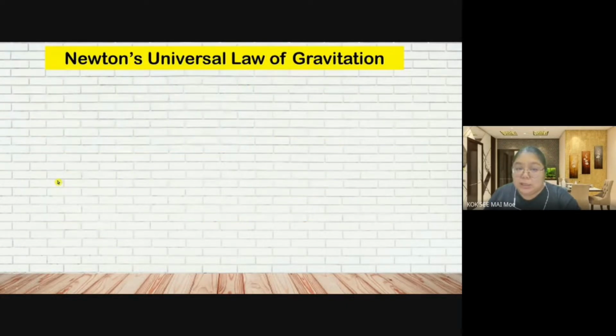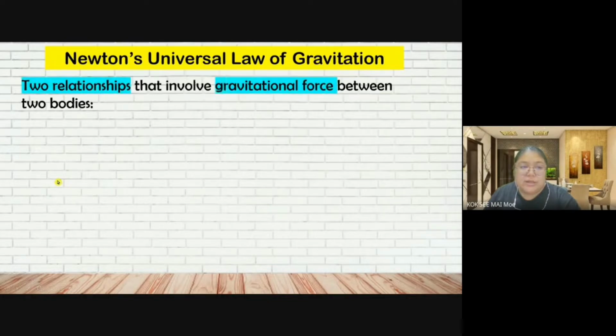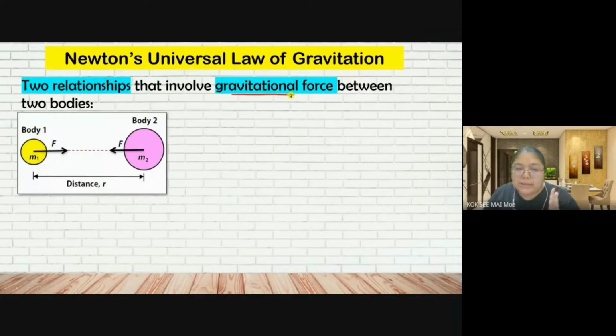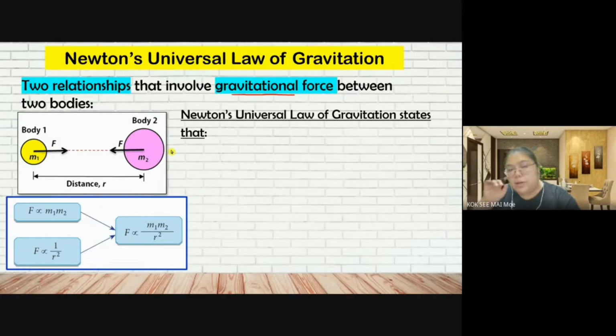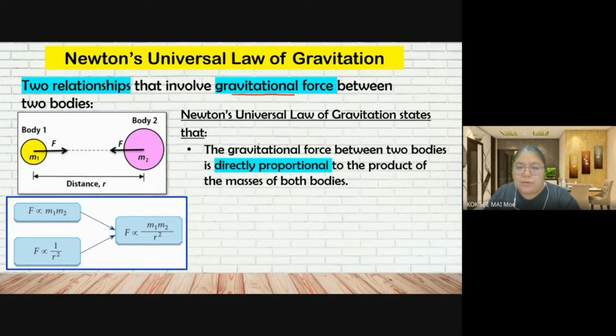Now we see Newton's universal law of gravitation, the relationship involved in gravitational force. We relate it with two bodies. Body one pulls body two, so that means body two also pulls body one. Now we need to create the formula. Newton's law, first: the gravitational force between two bodies is directly proportional to the product of the masses.